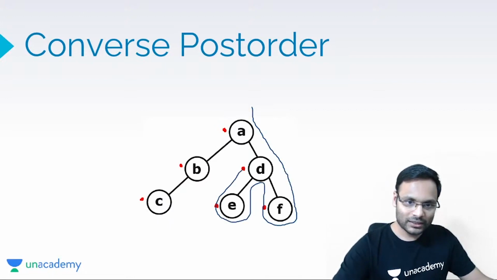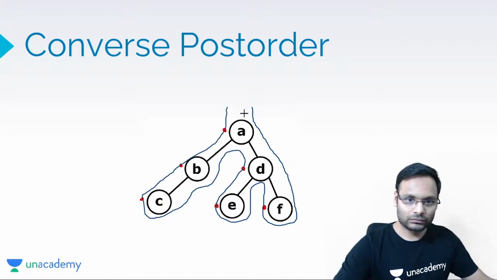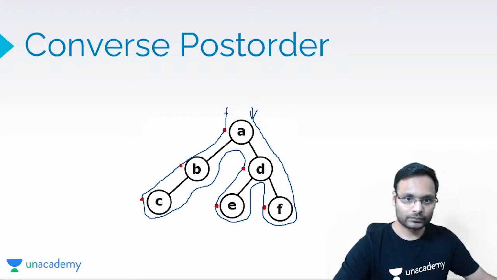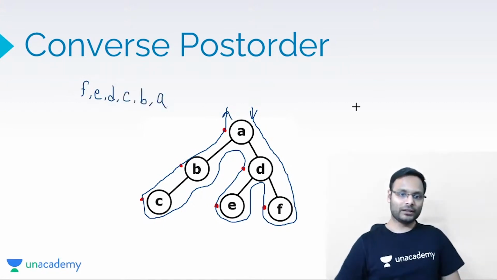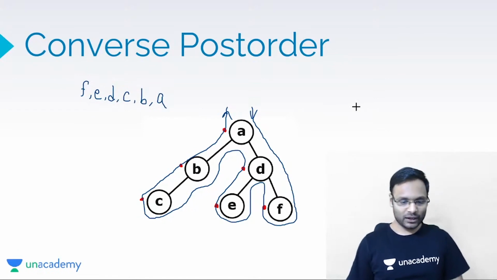The dot sequence gives you the traversal. The traversal is F, E, D, C, B, A. That is the post-order of converse type.